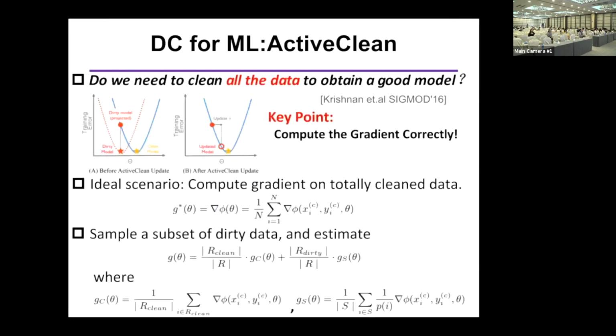At a high level, the reason why dirty data degrades the performance is that it misleads the gradient computation. If one cleans part of the dirty data, computes the variations of the gradients and estimates the gradients of the uncleaned data, the model can quickly converge with a small amount of clean data.